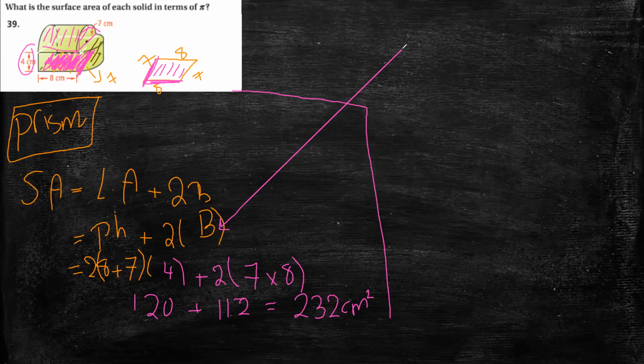Now, after we finish from the prism, we have here half a cylinder.